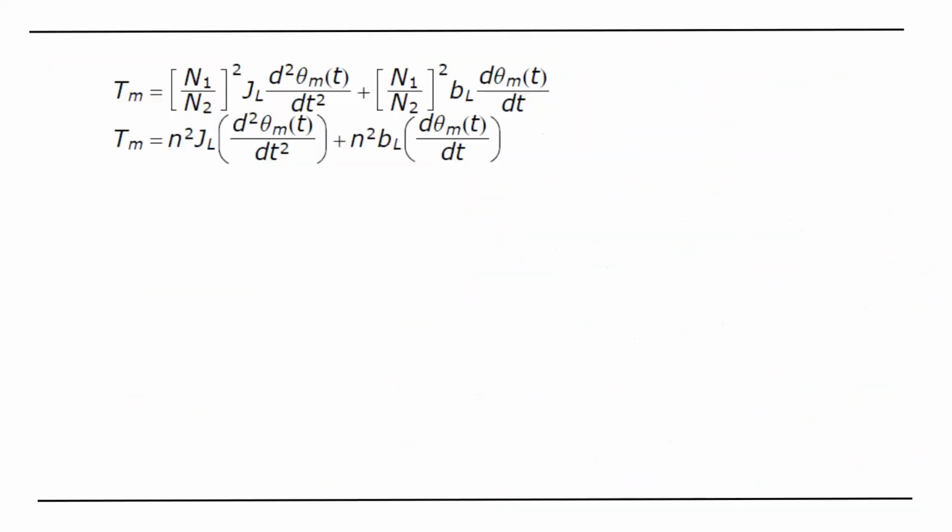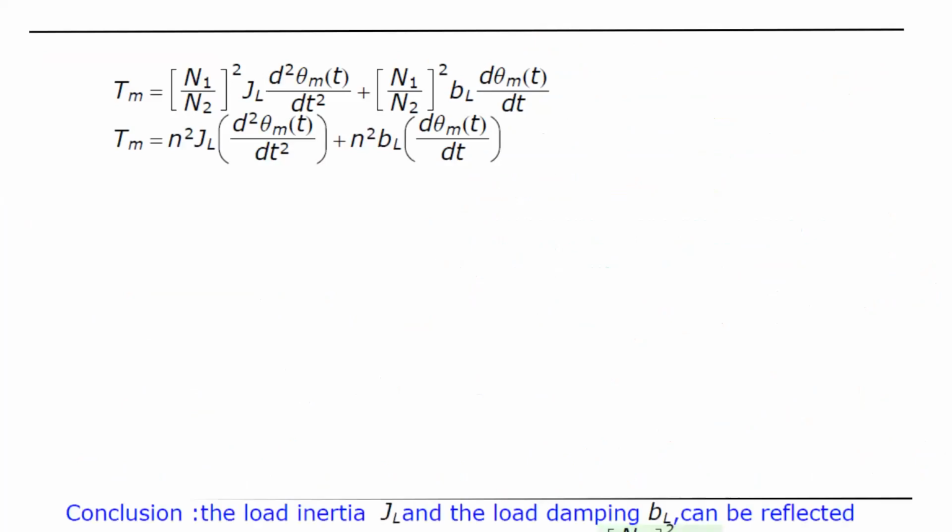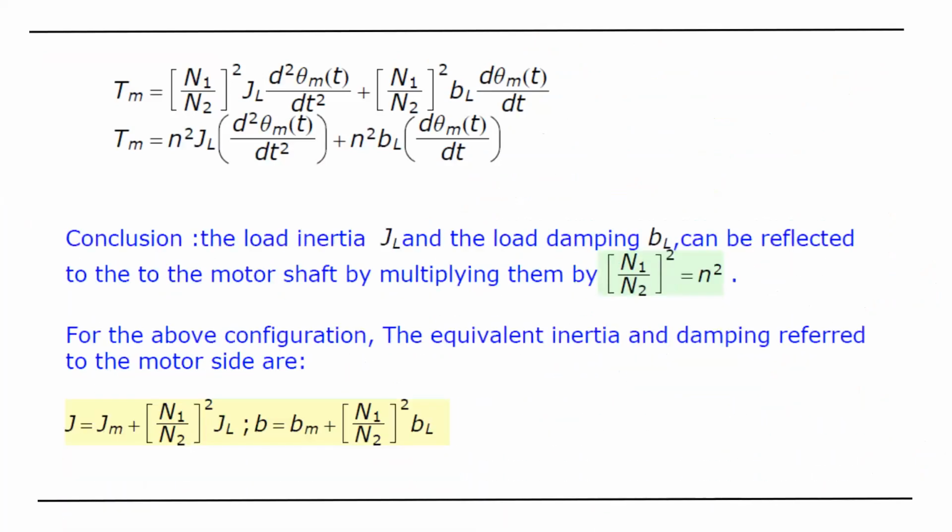Okay. So basically, if we want to talk about the equivalent the motor will see if I have a load and the load is reflected through the gears, the J equivalent equals the moment of inertia of the motor plus the moment of inertia of the load multiplied by the turn ratio squared.